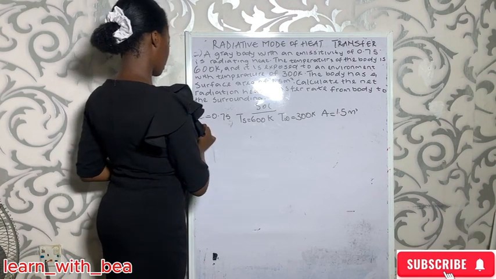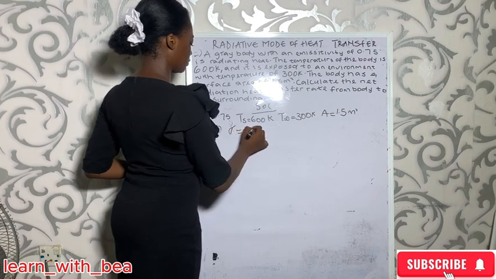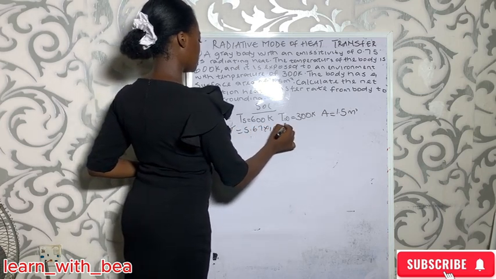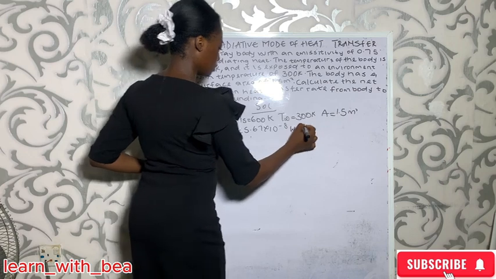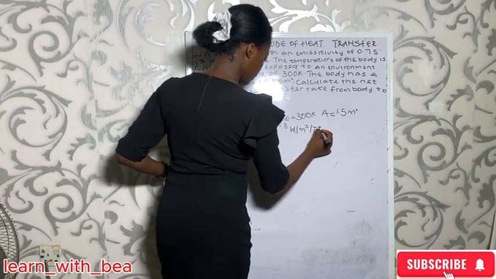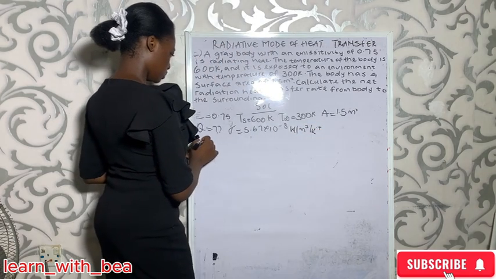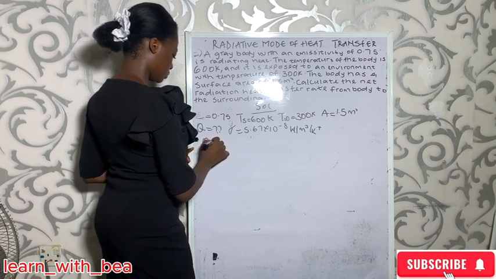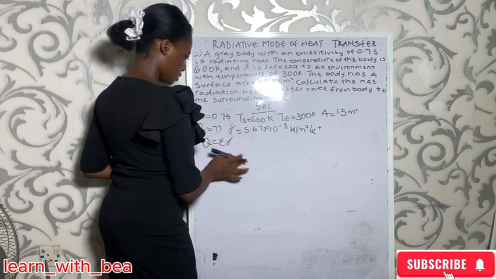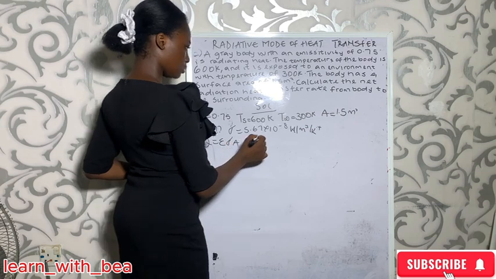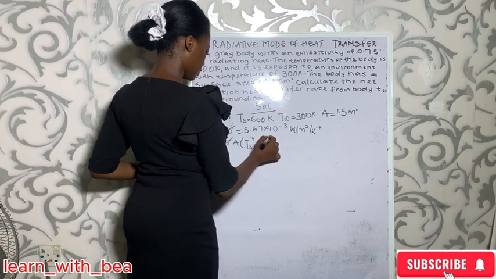So we have to calculate our Q. We're not given the Stefan-Boltzmann constant, but we know it to be 5.67 times 10 to the power minus 8 watts per meter squared per Kelvin to the fourth. So Q is equal to emissivity times the constant times area, then Ts raised to power 4 minus T infinity raised to power 4.